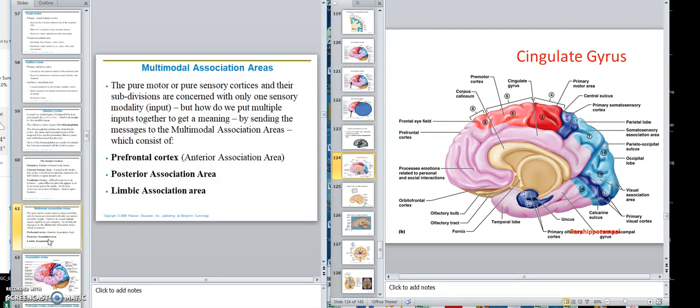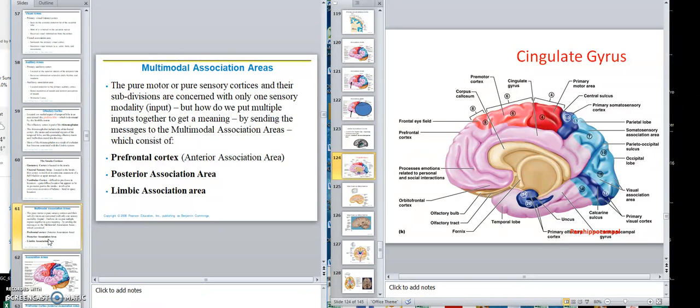Now, we have what we call the multimodal association areas. Let's think on this. Each sense had its association area. Vision: you saw something, what is it? You tasted something, what is it? You smelled something, association area, what is it? So all of them had their interpretation areas. But you use all of your senses to evaluate something.